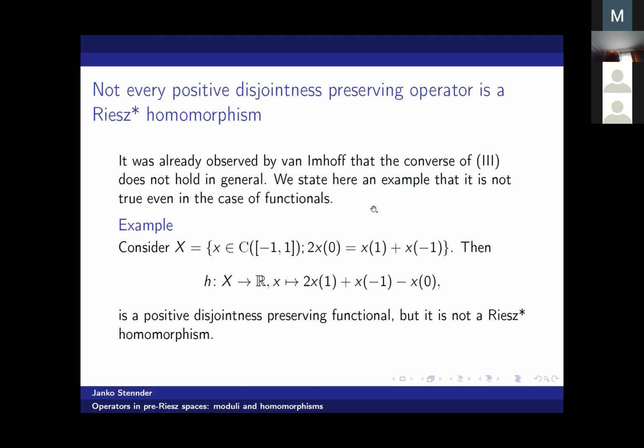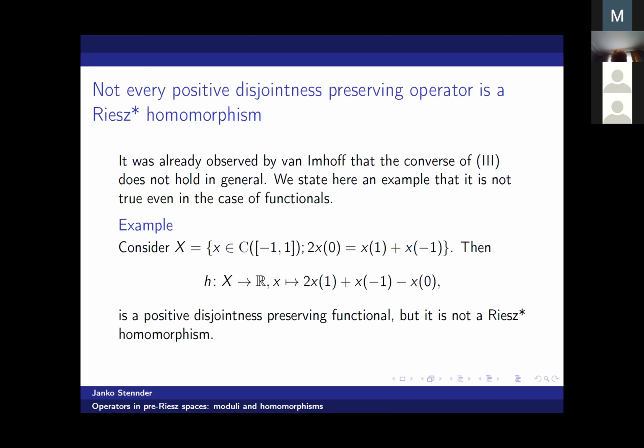By the definition of the space, it's easy to see that it's a positive disjointness preserving functional, but using the representation by van Imhoff for Riesz star homomorphisms on ordered subspaces of continuous functions, we can see that it's not a Riesz star homomorphism.